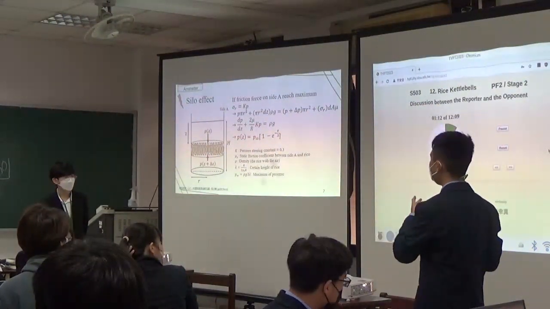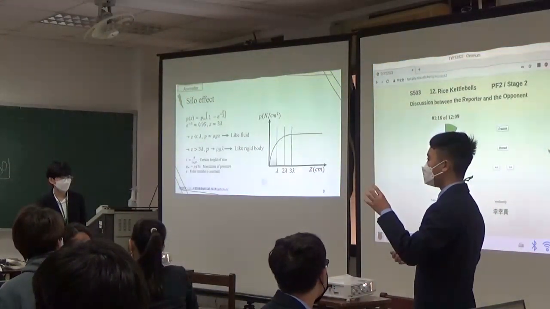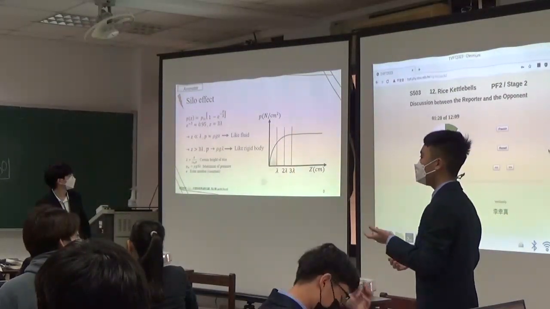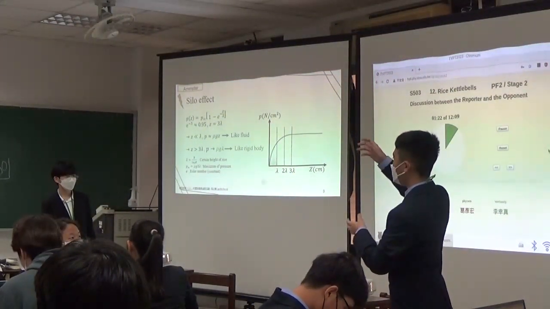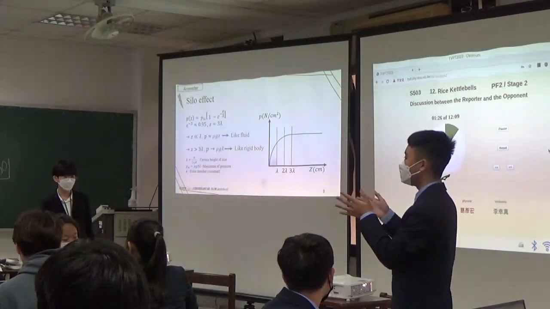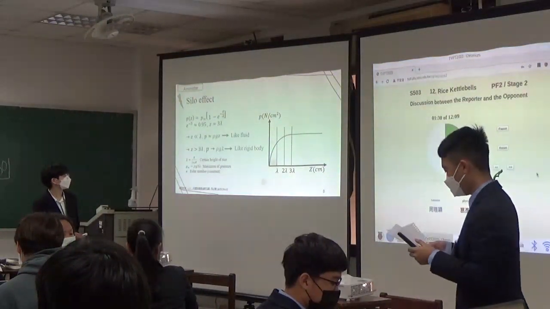But why there's a limitation is that even if there's infinite depth, there's still only a limited amount of rice that can be pressed onto the rod. So I think this is the main reason.